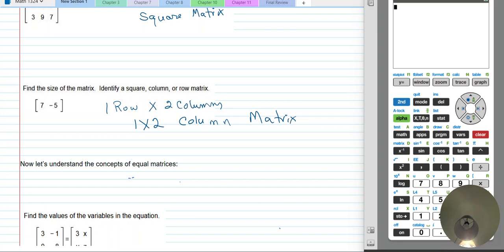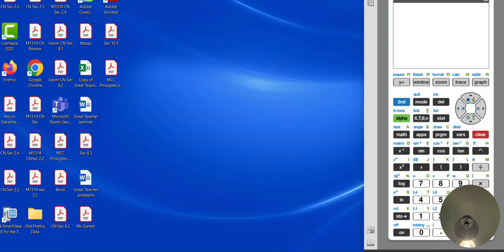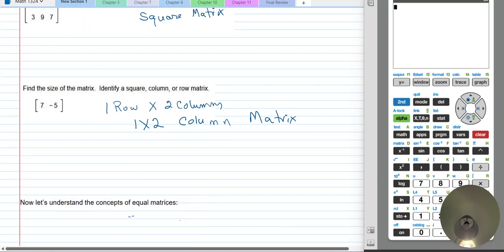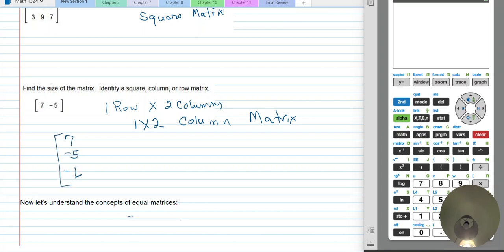Even though we have only one row, if it was a column matrix, we'd have multiple rows. So let's talk about that in case you have one of those in your homework. So if I had had 7, -5, -6, right here, this is a column matrix.